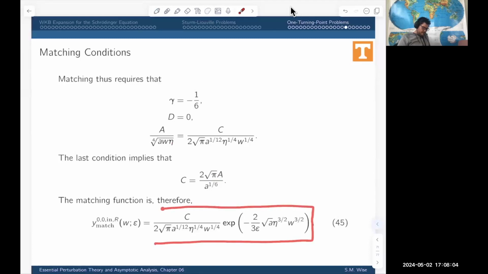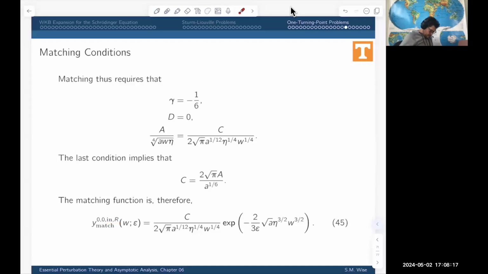Remember, the two matching functions from either the inner side or the right-hand side have to match. And so I'm going to call it the matching function, the inner right. I don't know if this is good notation or good use of mathematical symbols, but at least it's descriptive. And there are a lot of letters there. But that's describing the matching function.